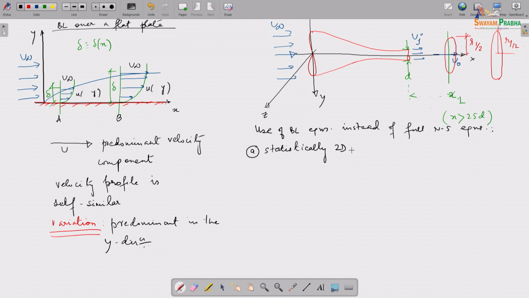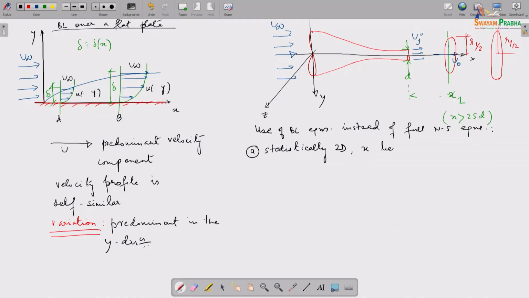2D, and I can say x. You can take your axis system the way you want, but when I say x, I basically mean the axis in the direction of flow, the direction of the incoming free stream, let us put it that way.